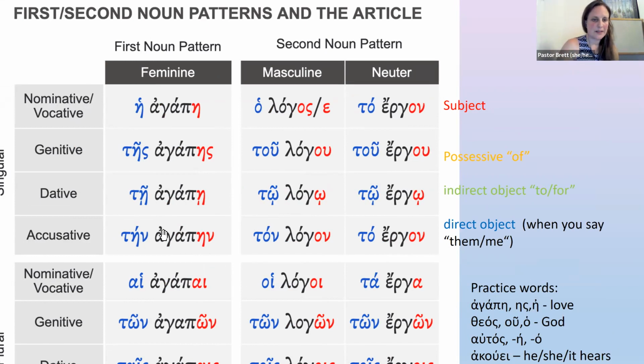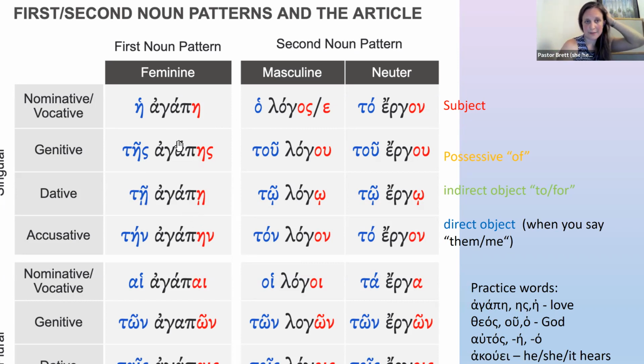So this one, te agape, would be translated to love or for love, or can even be by love, sometimes with the help of a preposition, and so on in those cases.